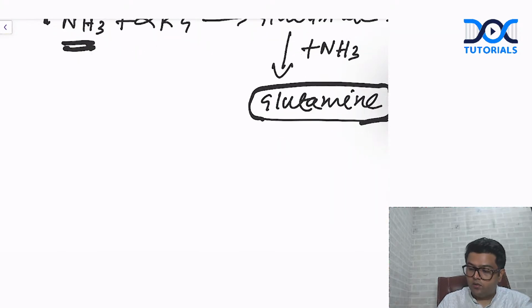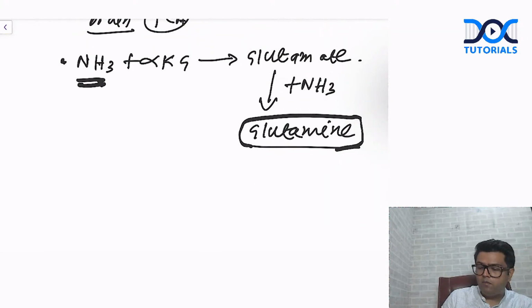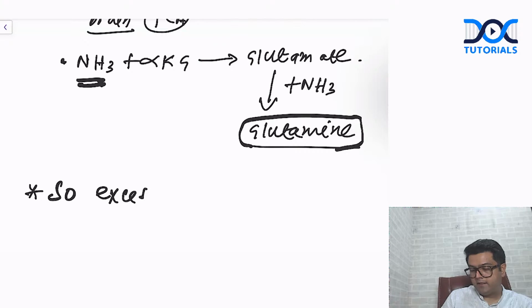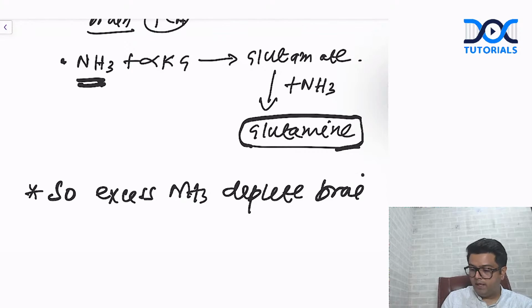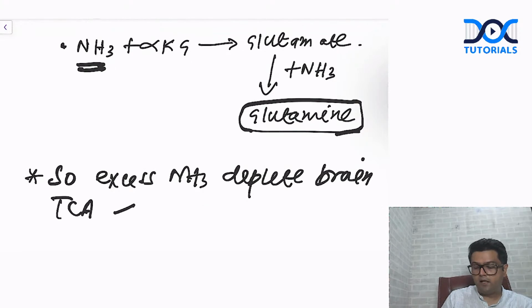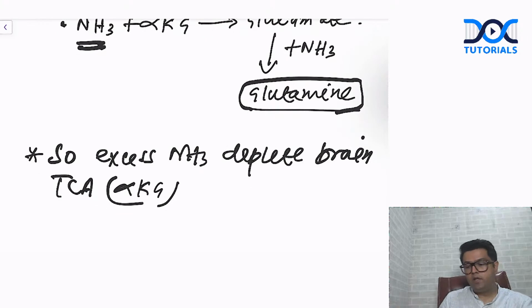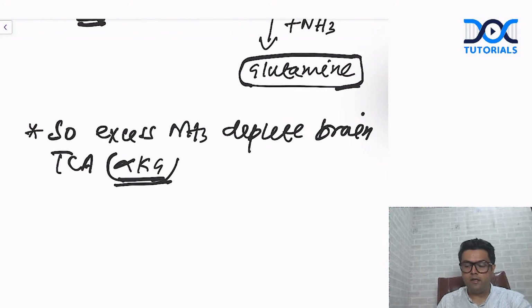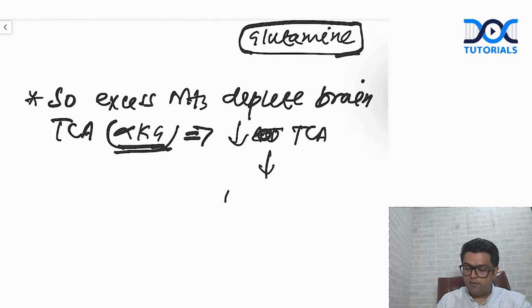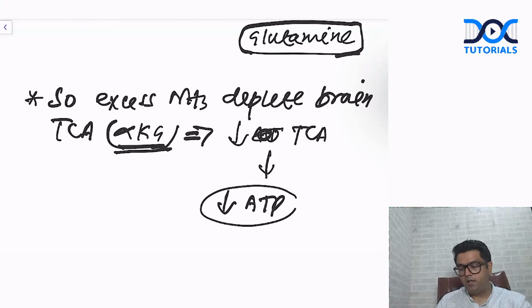Okay. So let's say this glutamine is formed, but the first thing to remember is that the excess ammonia depletes the brain's Krebs cycle alpha ketoglutarate. Clear? And guys, because of this, there is a decrease in the Krebs cycle, and that means there is a decrease in ATP production in the brain.